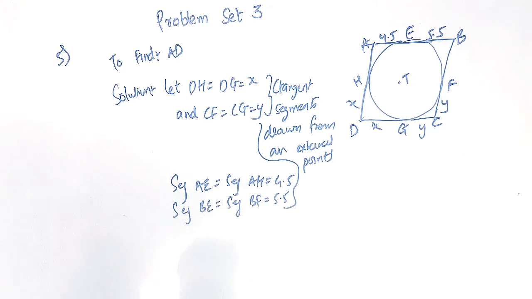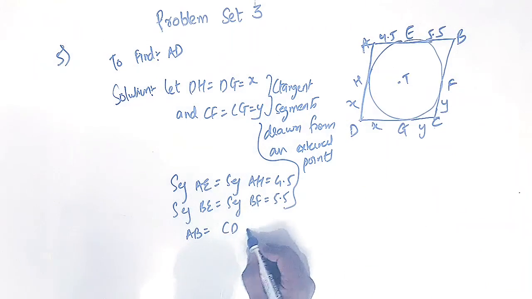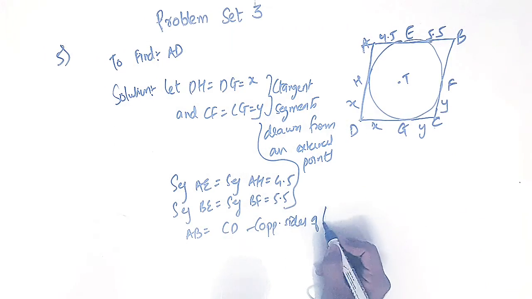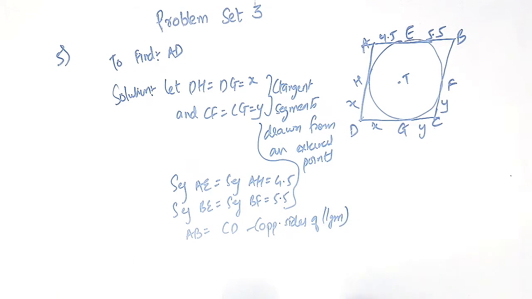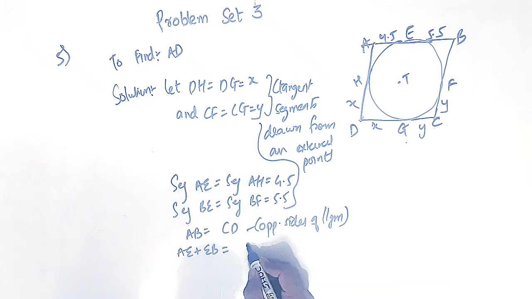Now coming to this, I can write AB is equal to CD to get one equation. AB is equal to CD because they are opposite sides of a parallelogram. So I can write AB is AE plus EB and CD is CG plus GD.